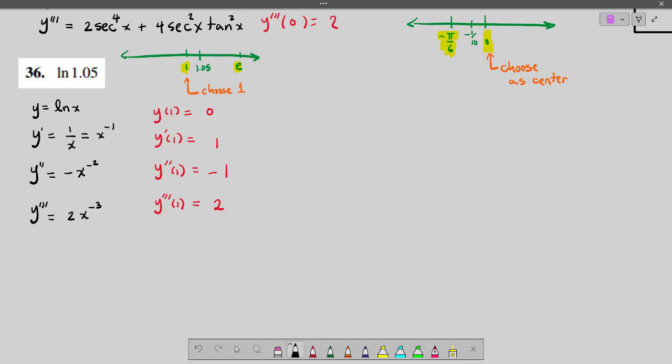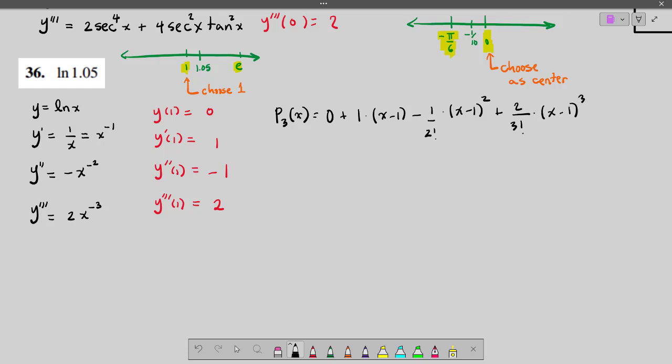That allows us to build p sub 3 of x. Starting with the constant, we plug in a 0. We'll write out just to make sure we see all the structures. So 0 plus 1 times x minus the center to the 1, minus 1 times x minus 1 to the 2 divided by 2 factorial, plus 2 divided by 3 factorial times x minus 1 cubed.